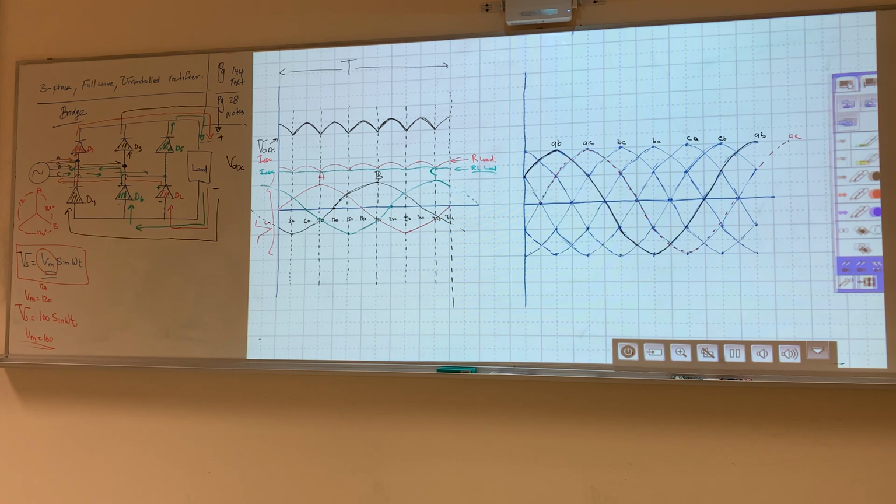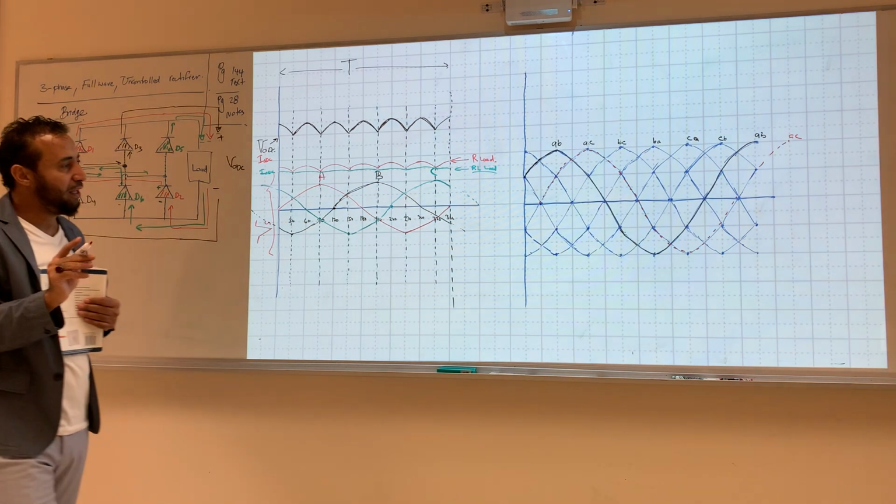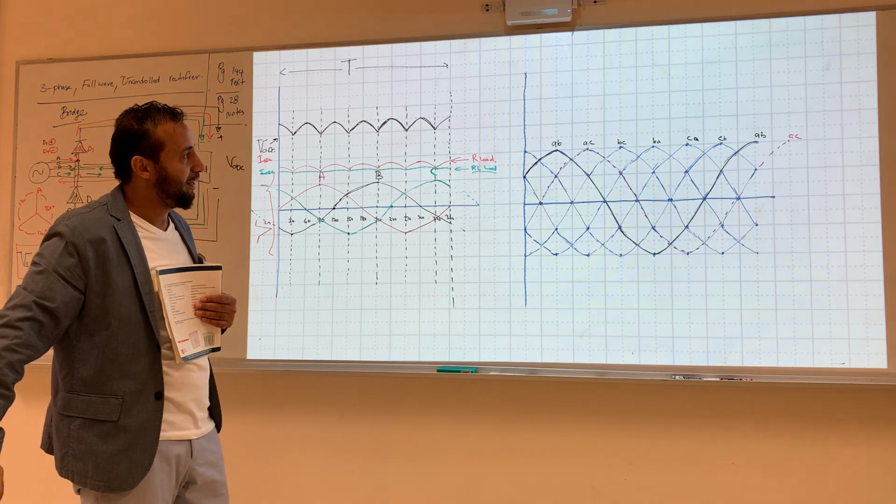Okay, so we look at phase A. It's connected with 2 diodes. In the positive, diode 1, and in the negative diode 4. That's A.